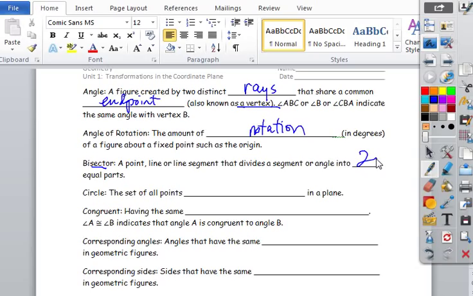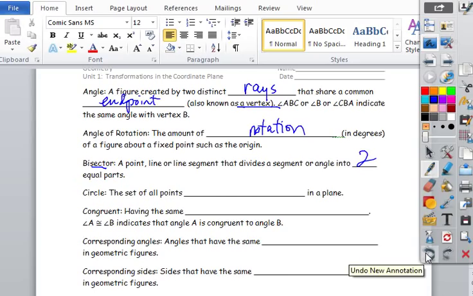More than that. Two what? Parts. More than just two parts. Two line segments. Two angles. Equal parts. Two equal parts. The equal is extremely important, because we can cut something and it's not going to be two equal parts. Bisector is two equal parts.